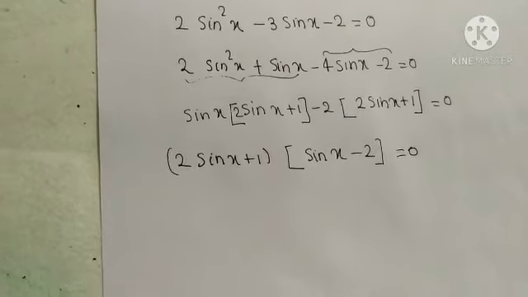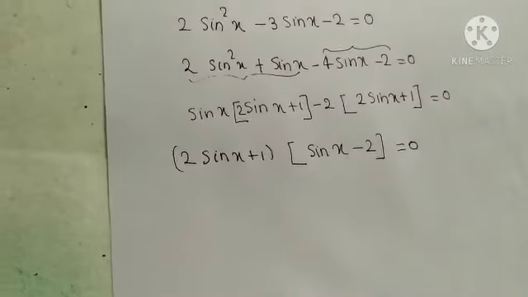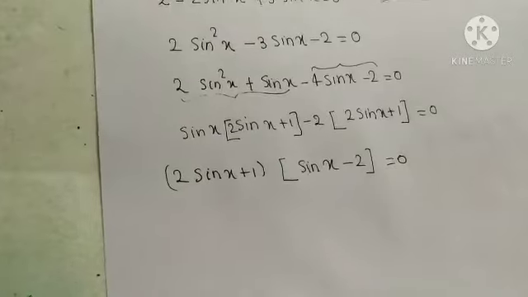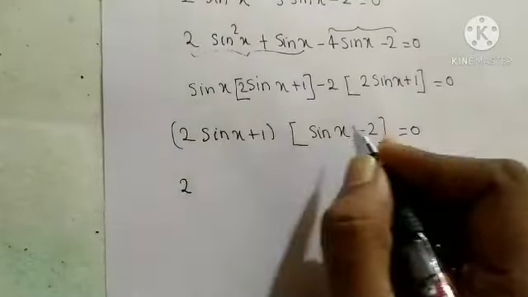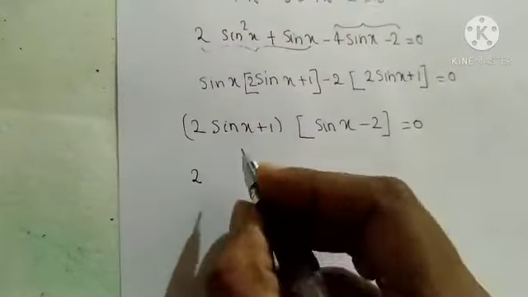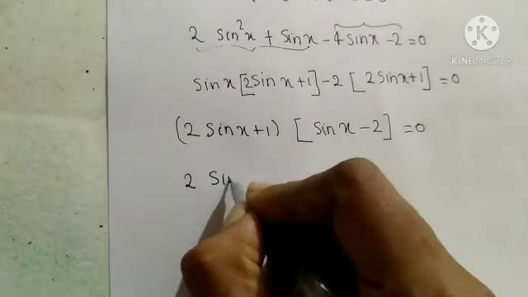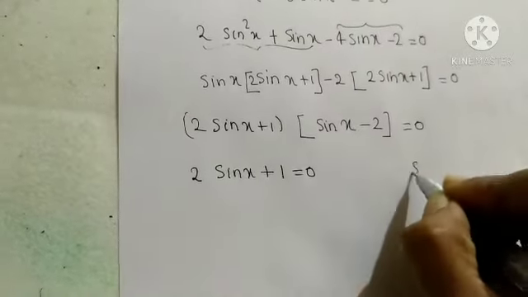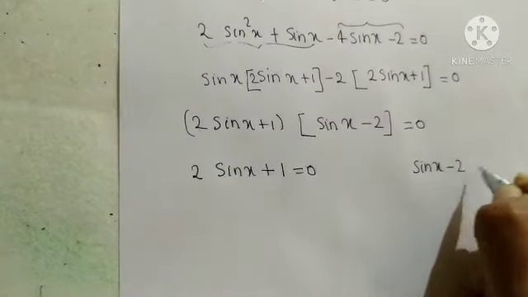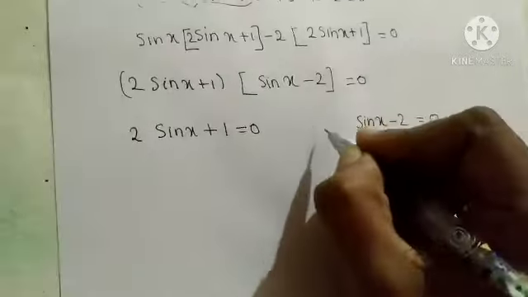So we need to find the general solution. First, from this we can write either 2 sin x plus 1 equals 0 or sin x minus 2 equals 0.